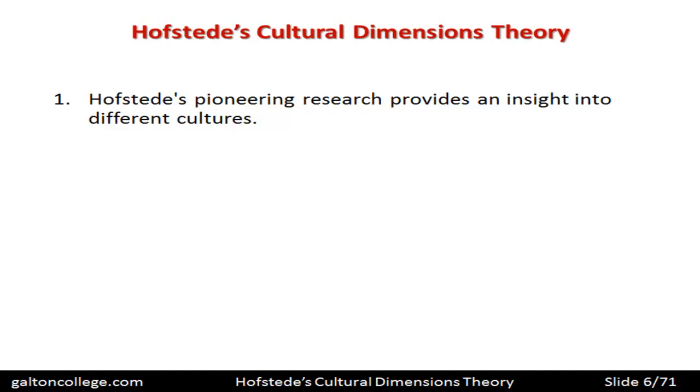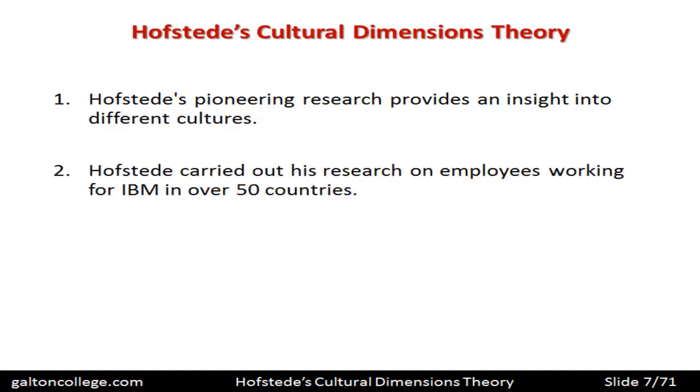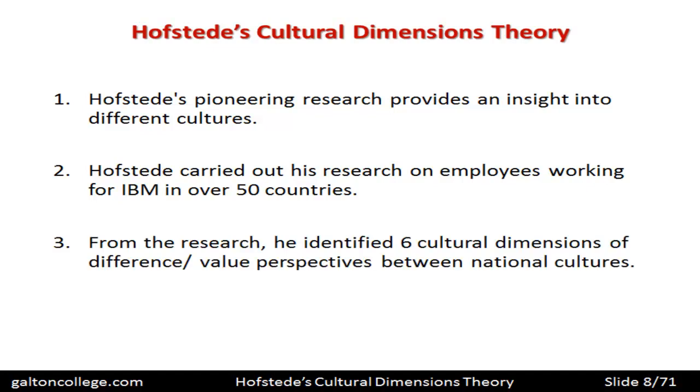His pioneering research provides an insight into different cultures. He carried out his research on employees working for IBM in over 50 countries. And from the research, he identified 6 cultural dimensions of difference or value perspectives between national cultures.